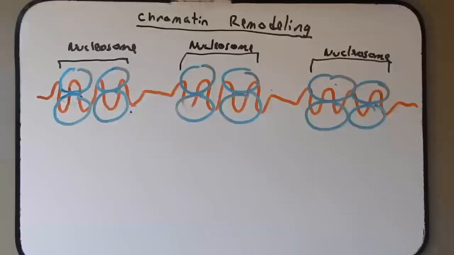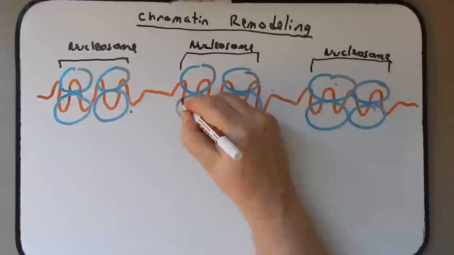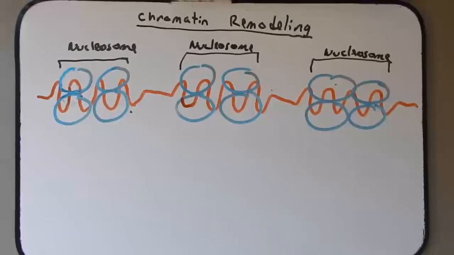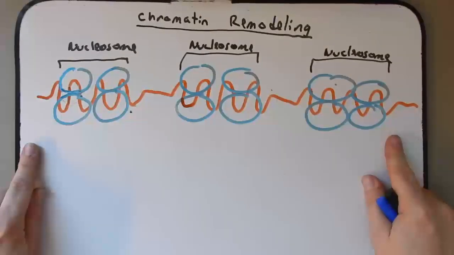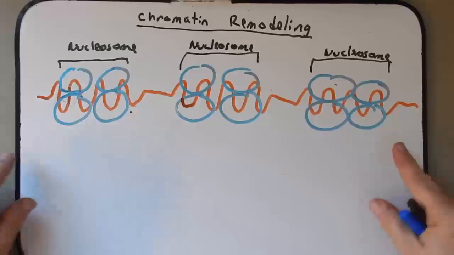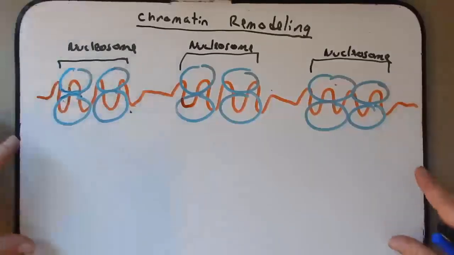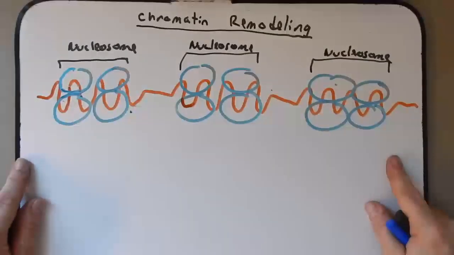Now, I'm going to take a bit of an artistic liberty here just for ease of explaining this concept. But I want you to know in the back of your mind that any given gene is going to span several nucleosomes. So in order to have access to any of these genes, you would need to pull off histones from a whole series of nucleosomes.